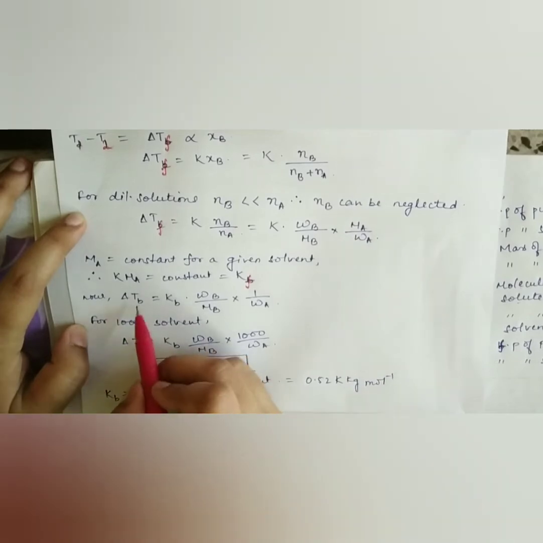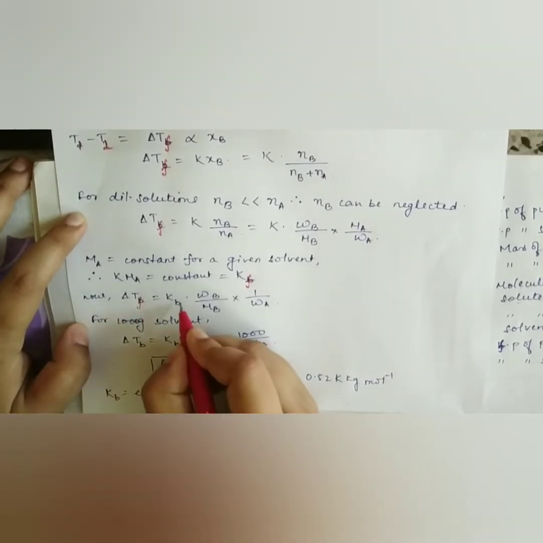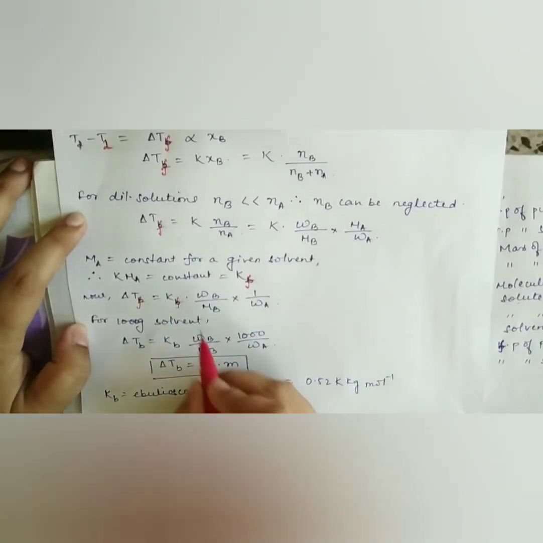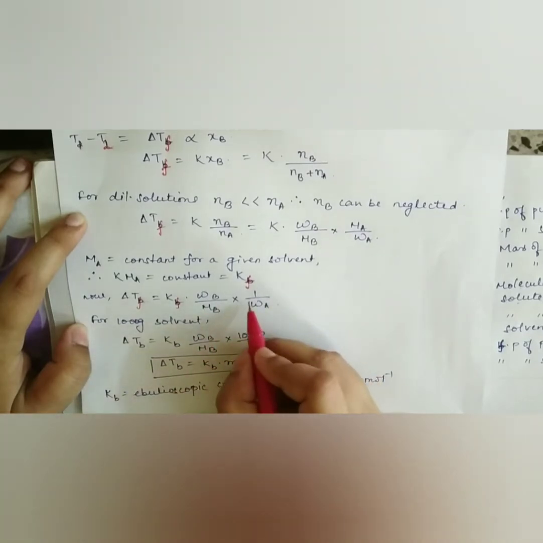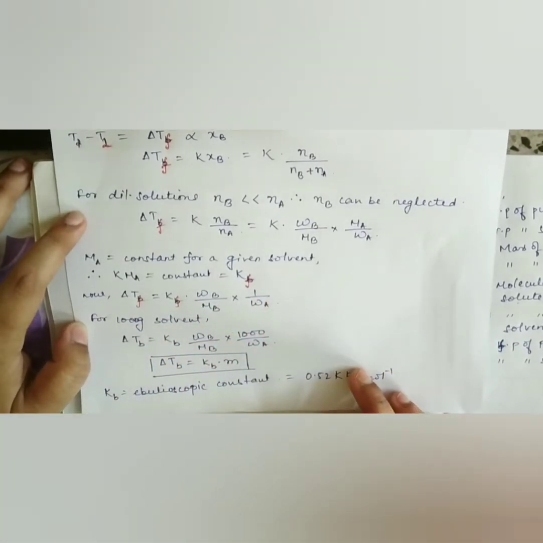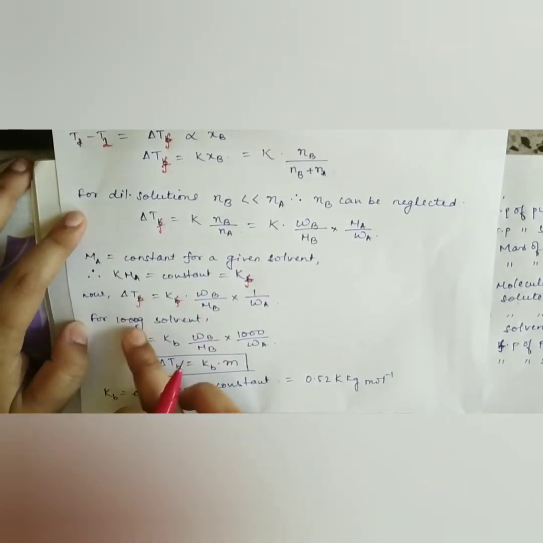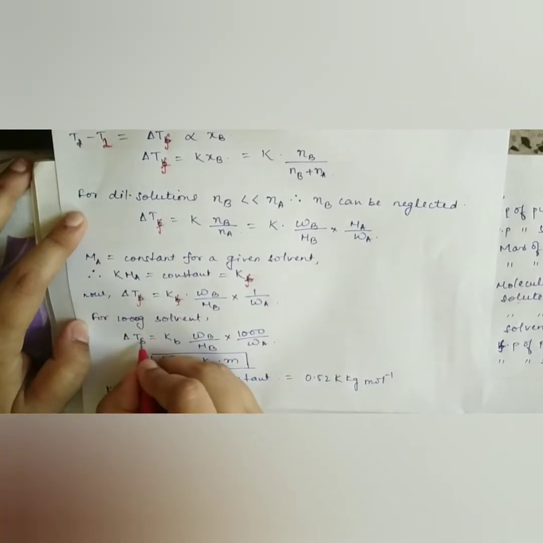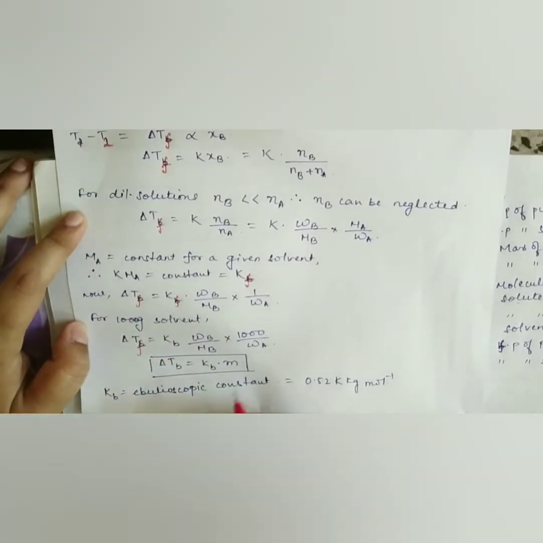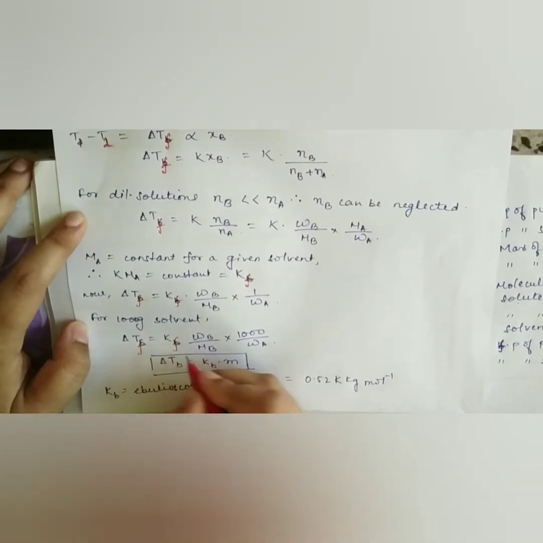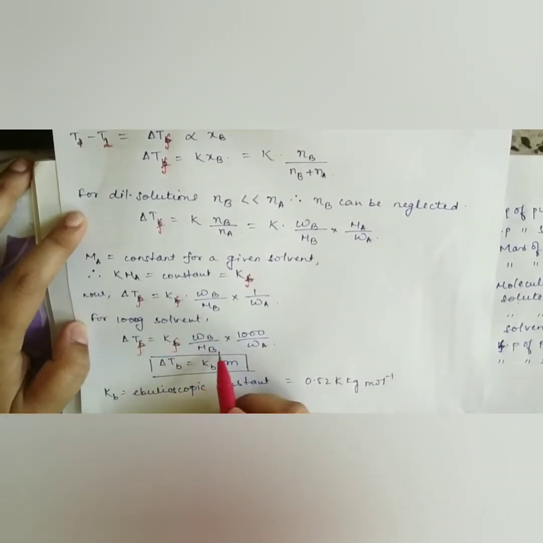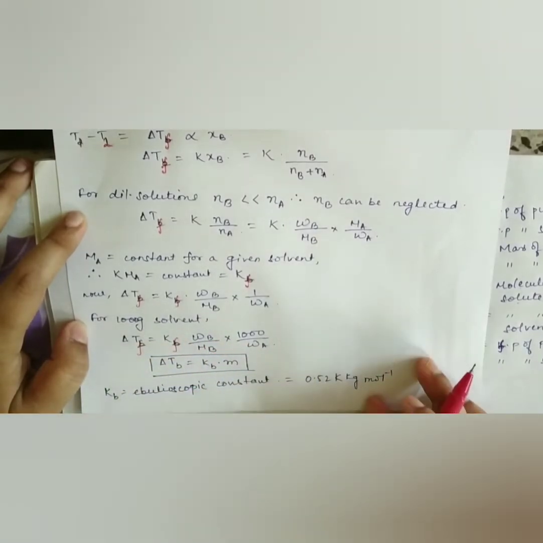Now delta TF is equal to Kf into Wb by Mb into 1 by Wa. Again, for 1000 gram solvent, delta TF is equal to Kf into Wb by Mb into 1000 by Wa.